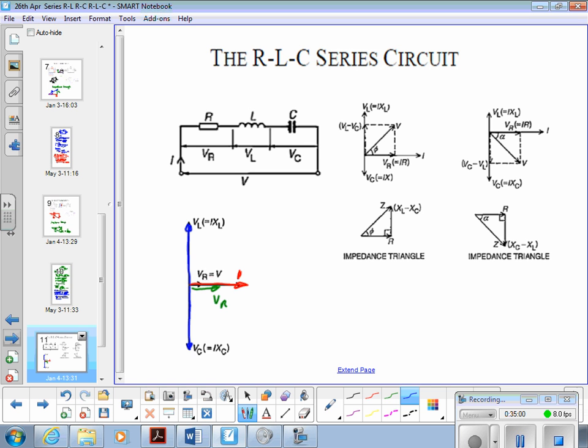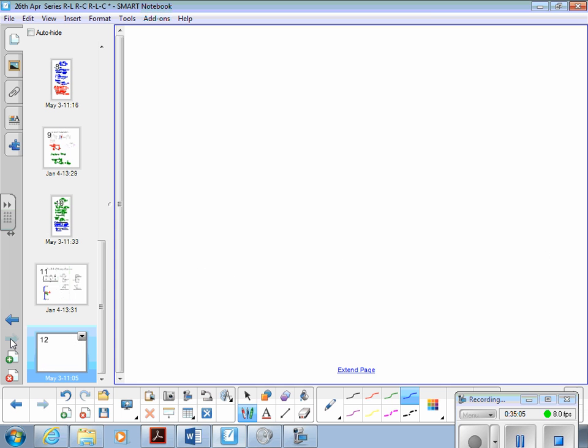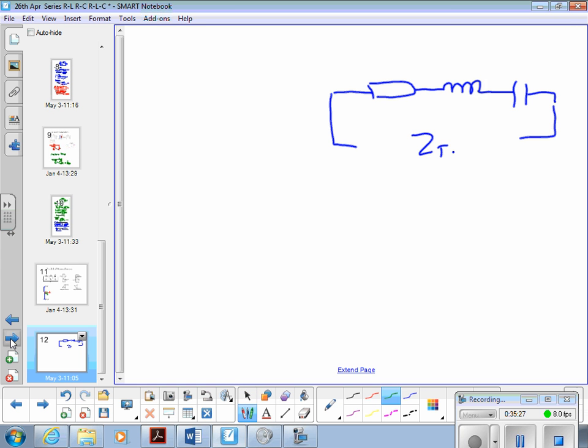Okay, so I'm going to put that on another page. So if we've got R, L, and C, let's just think a minute about the total impedance. There's R on the horizontal.